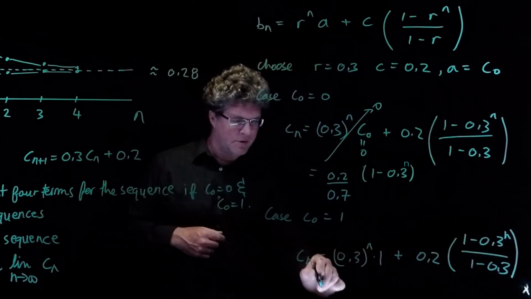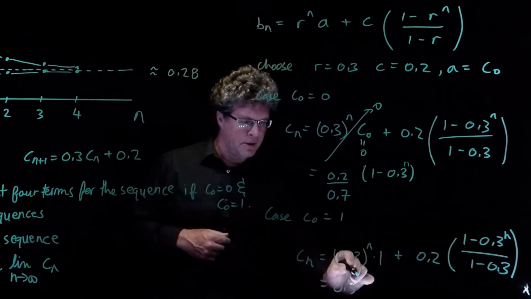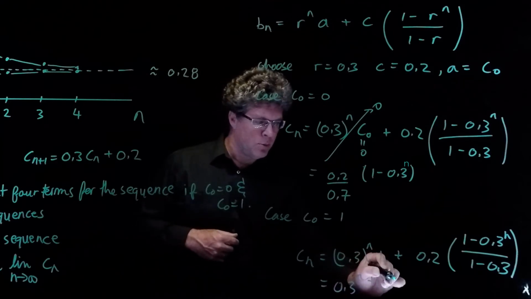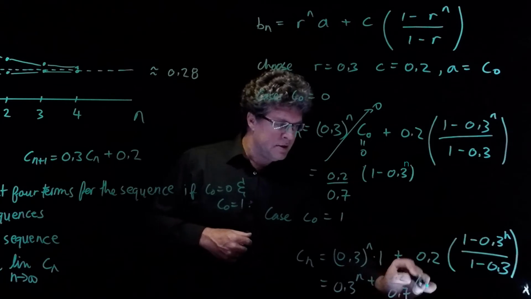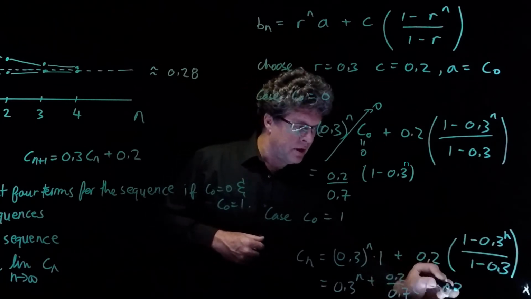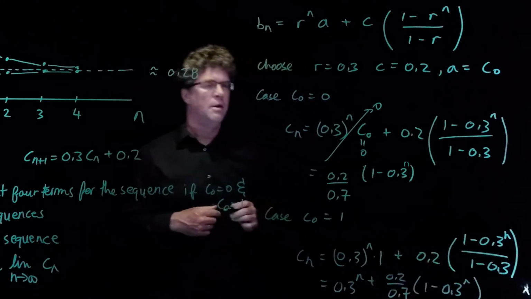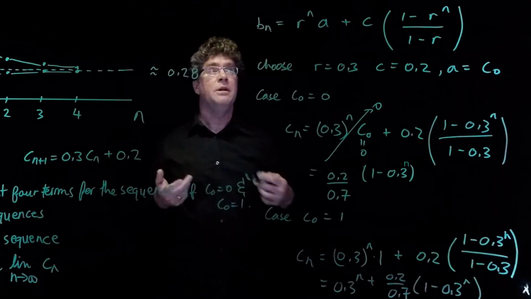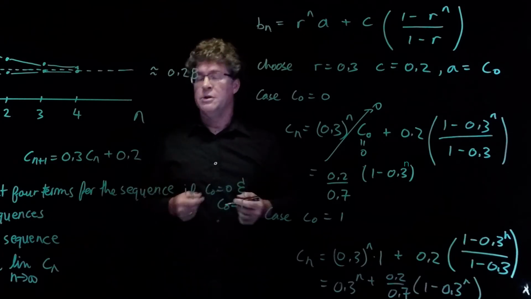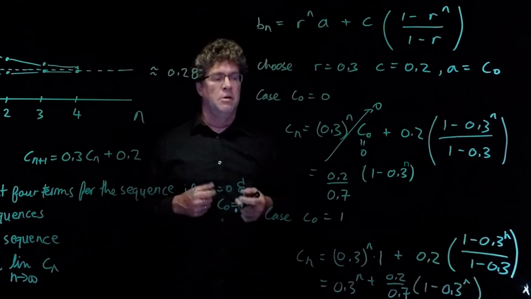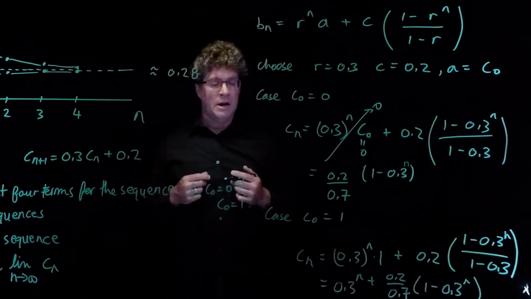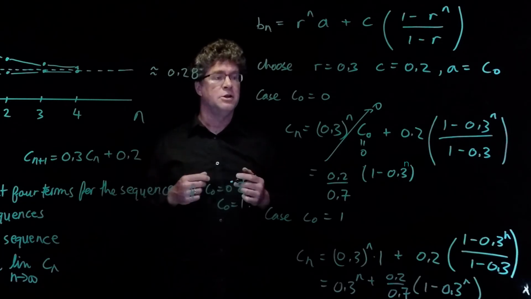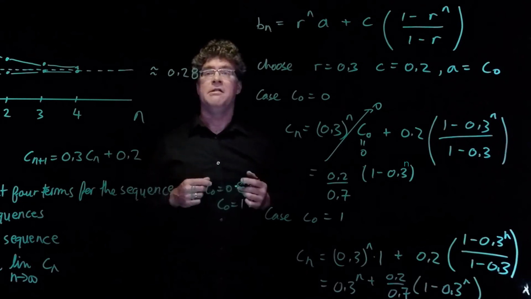And so this equals 0.3^n plus 0.2 over 0.7 times (1 - 0.3^n). So we've actually written down an explicit solution for the sequence. And so given any day n, we can calculate the drug concentration for either of the two cases.